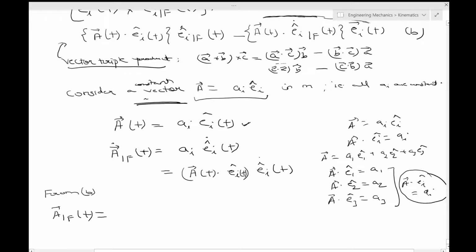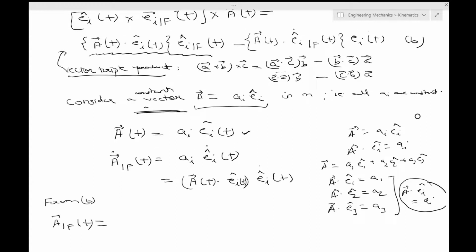Oh sorry, not this term, I think it's the first one. Okay, so we want to use from B this term. So now this will be replaced.